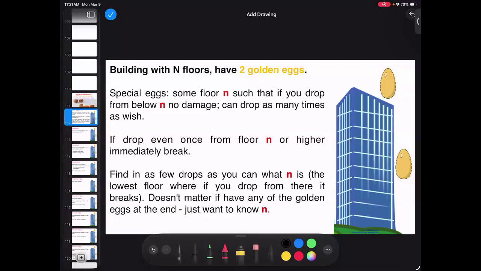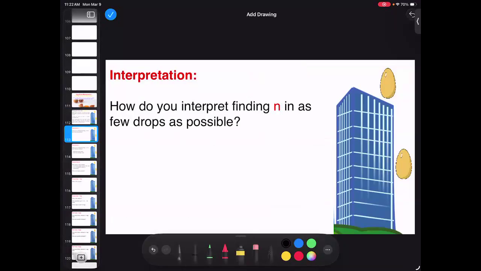Or maybe I'm trying to minimize the worst case scenario, if the floor is chosen as nefariously as possible. If anything that could go wrong for my method goes wrong, what's the worst case for me? How many drops would it take? And for a lot of things, we do worst case scenario. And so that's not a bad way to do the estimates.